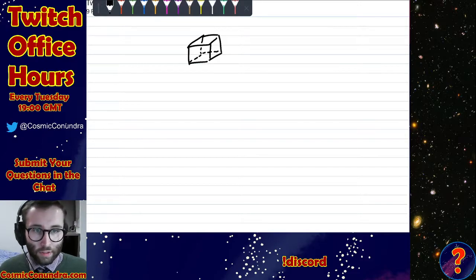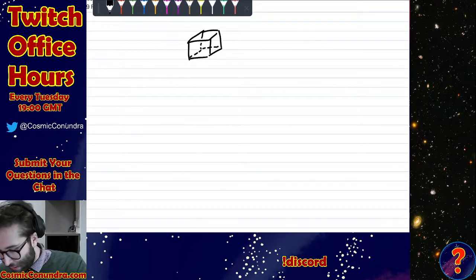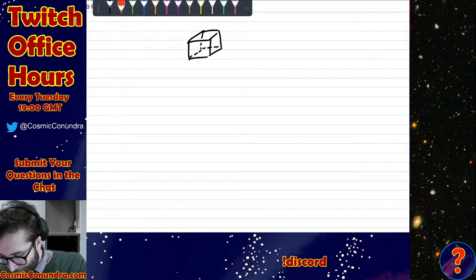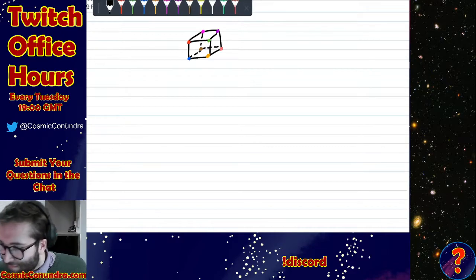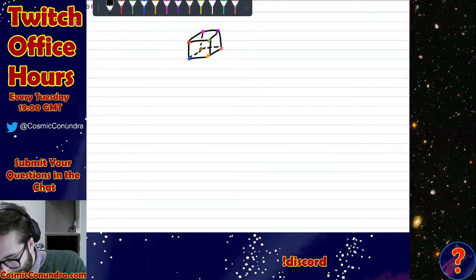planar graphs. So for a cube, for example, what I'd like to do is change the cube into a planar graph. So this is a kind of graph theorist's graph, not an XY graph.